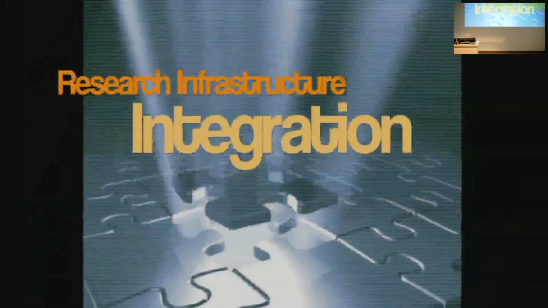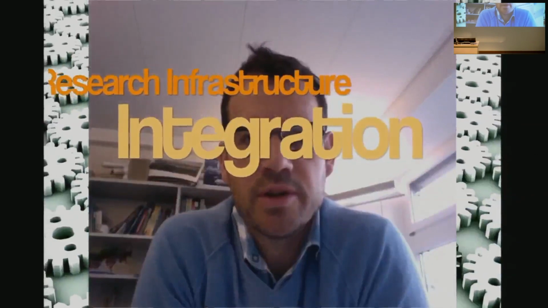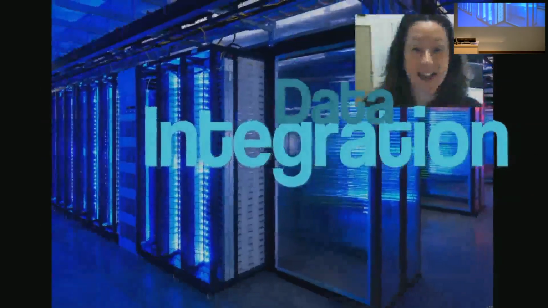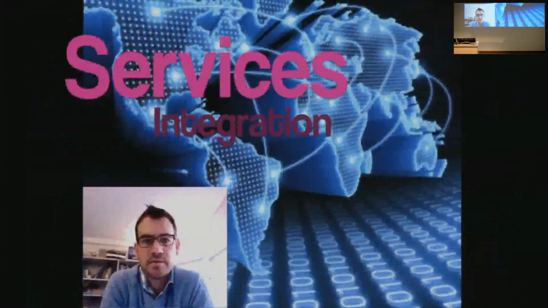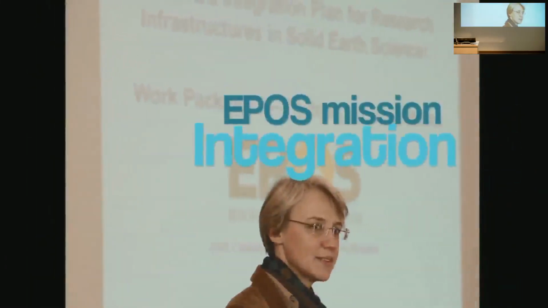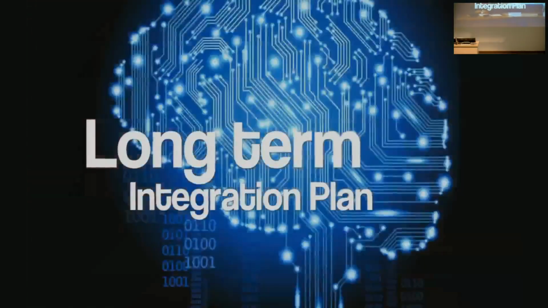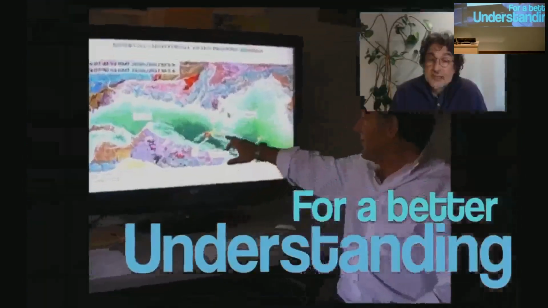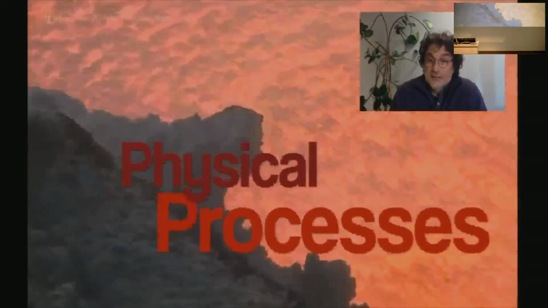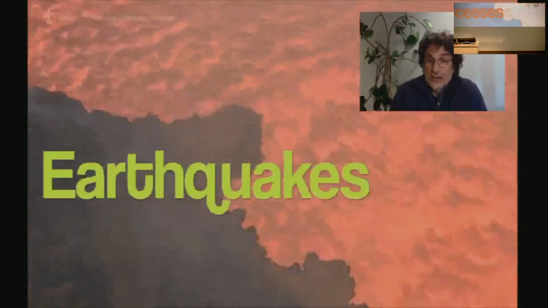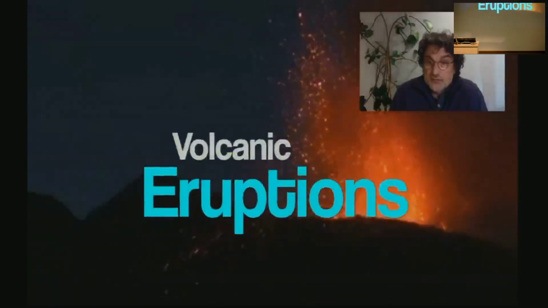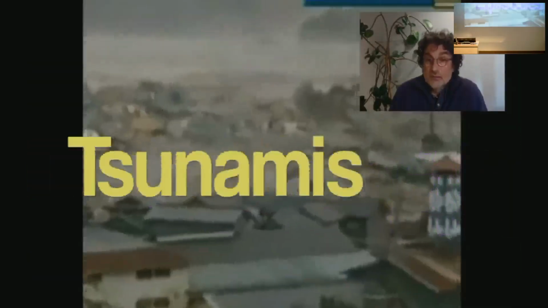Integration. Research infrastructure integration. Data integration. Services integration. So what is EPOS? EPOS is a long-term integration plan. Earth science research allows the understanding of the physical processes controlling earthquakes, volcanic eruptions, unrest episodes, and tsunamis.